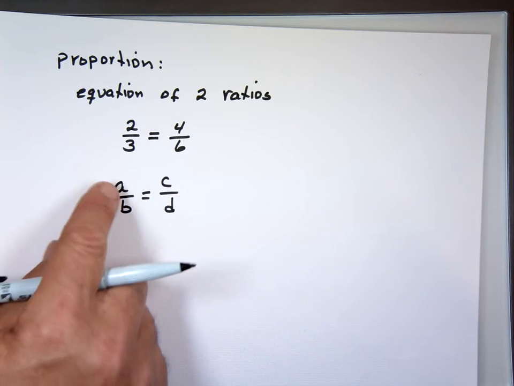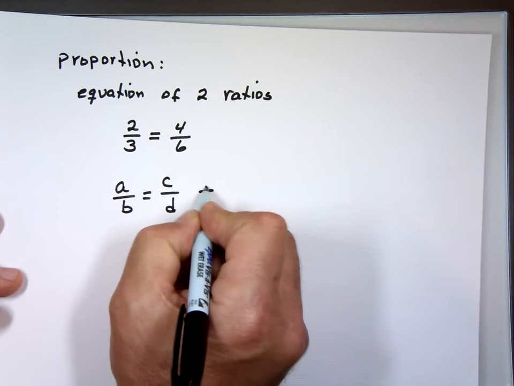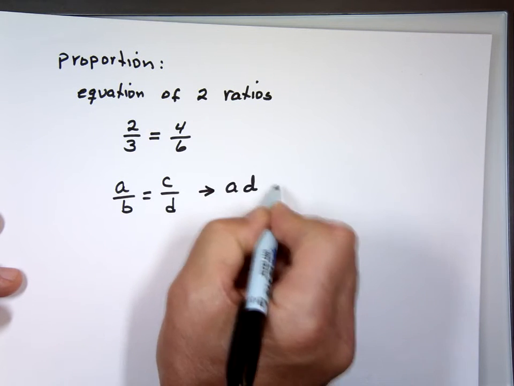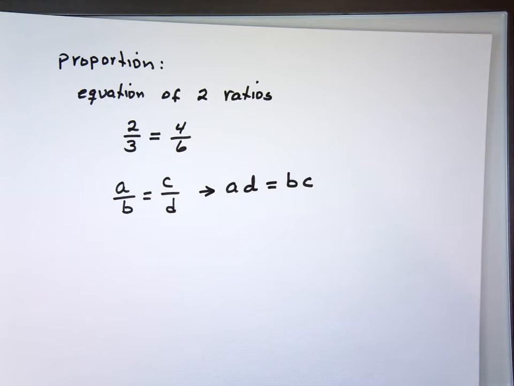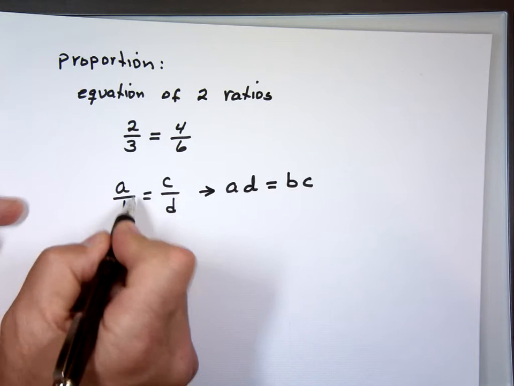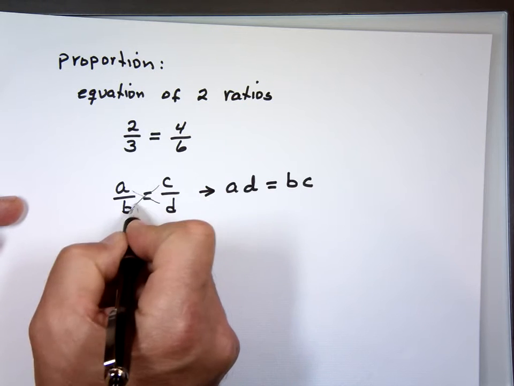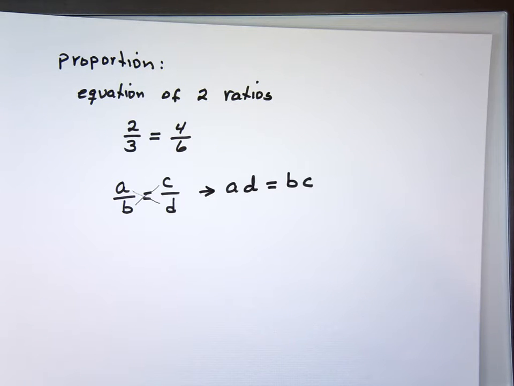If you multiply A times D, should equal B times C. Cross multiply. This one times this should equal this one times that. Why is that important? Because soon enough we're going to ask you to solve a proportion. And I'll give you some examples.